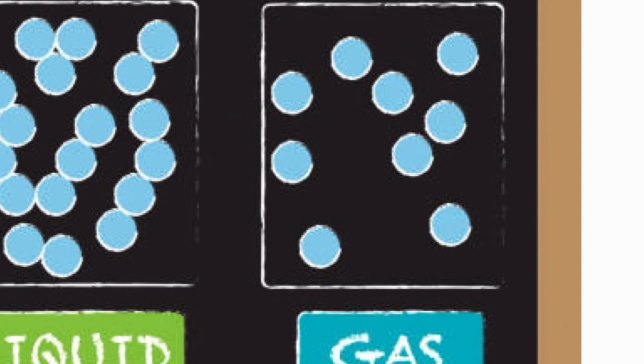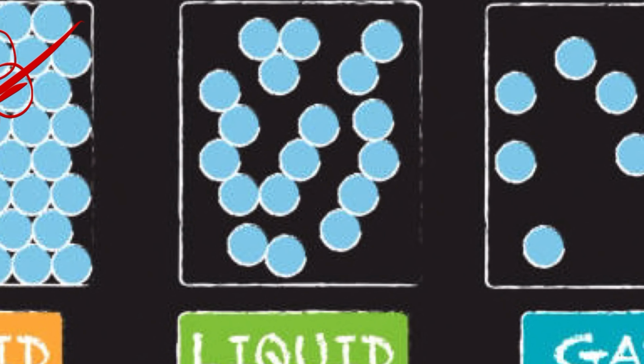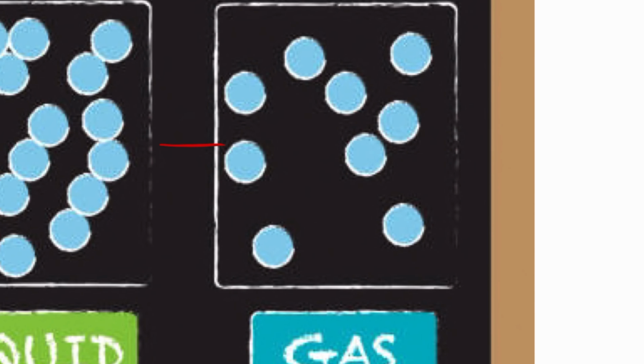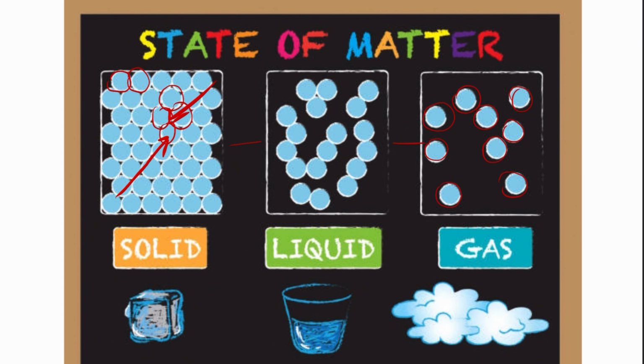I would say this is an intermediate between the two. Now, for the sake of this video, we'll be talking about gases, where you can see the particles are far more spread apart. This will make sense for why it happens when we go into some of the gas behavior.